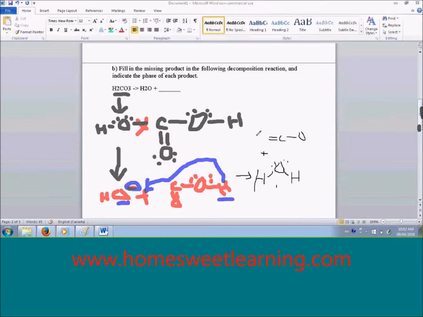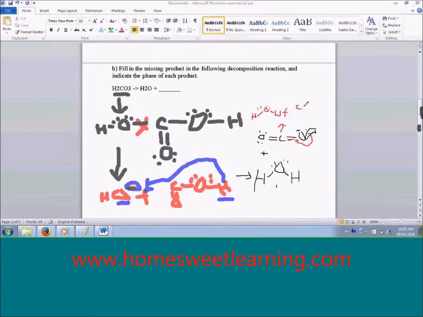It can't stay this way. The goal is that they want to reach the most stable form. So the oxygen with the negative charge, sorry if it's hard to see, is going to create a double bond with carbon. You're going to result in H2O and carbon dioxide.